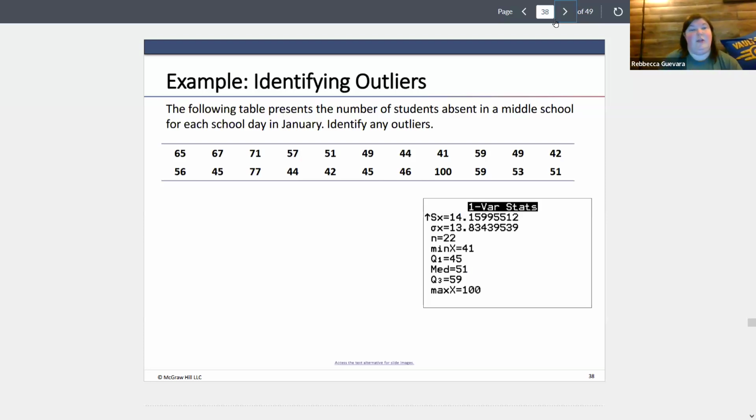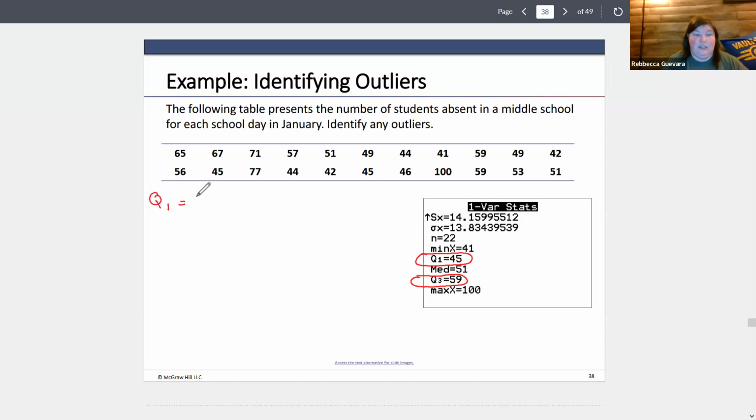The following table presents the number of students absent in a middle school for each day in January, and we want to identify any outliers. So fortunately, this was run through one of our stats tools, so we have our Q1 and our Q3.